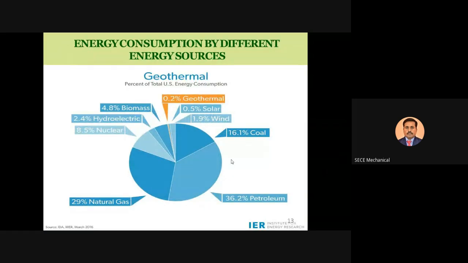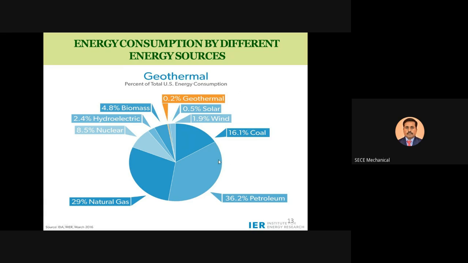Now, looking at energy consumption by different energy sources, at the world level only 0.2% of energy is utilized for geothermal purposes.